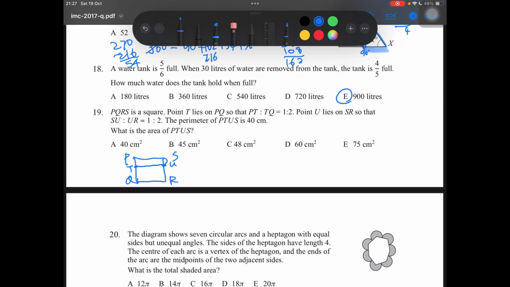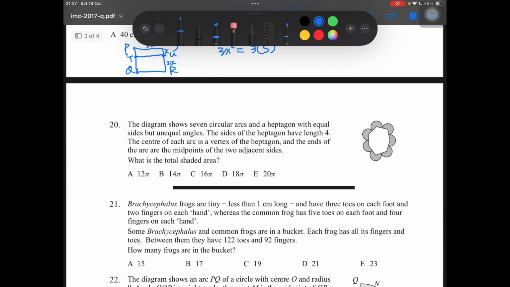So because this is 1, 2, 2, if I set here x, this is 2x, and this is 3x. So now we can find the perimeter of PTUS in terms of x. It is 3x plus x plus 3x plus x. So altogether 8x becomes 40. Therefore x equals 5. So the area of PTUS is 3x squared, which means 75.